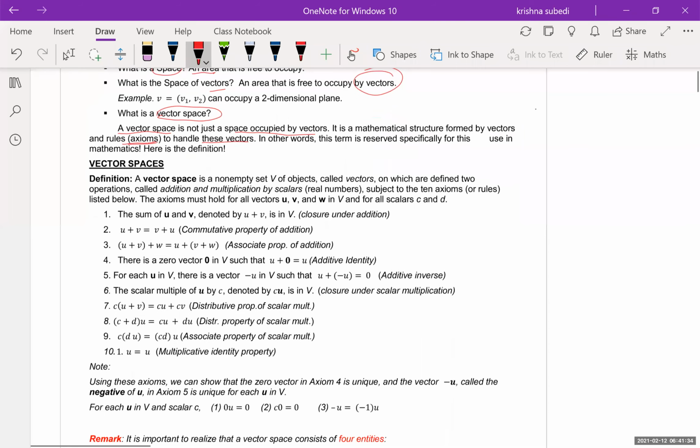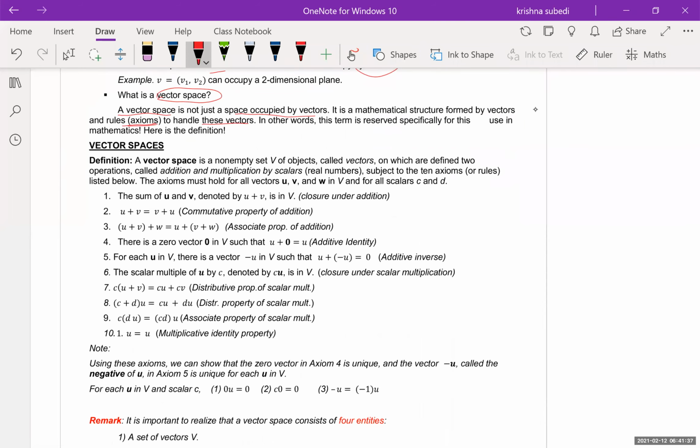It is a mathematical structure, and if we are given some vectors, and those vectors satisfy all these 10 conditions, then we have a vector space. To be more precise, what is a vector space? Well, a vector space is a non-empty set V of objects called vectors, on which we define two operations, addition and multiplication by scalar, and it will satisfy all those 10 conditions.